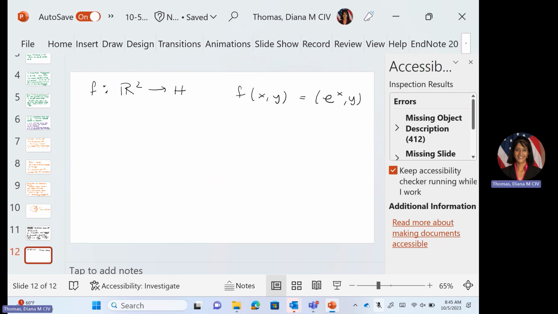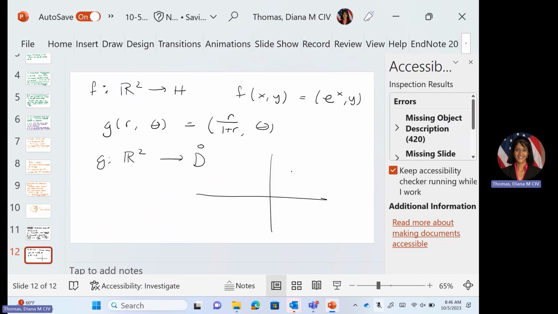The function that takes you from the half plane to the disk is that theta. So you're literally squishing. Let me show you what that looks like.